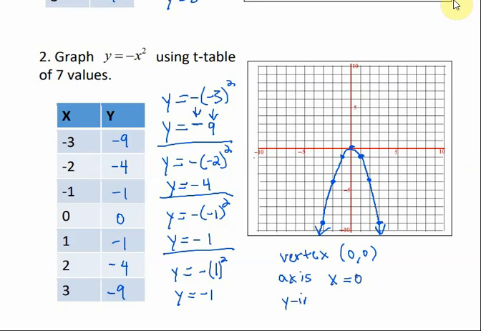The y-intercept, where it crosses the y-axis, is 0, 0, and the x-intercept, the only place that it touches the x-axis, is at 0, 0. Now, of course, these are not going to be the answers for all parabolas. This is just the parabola, the parent function, and the reflection of the parent function over the x-axis.